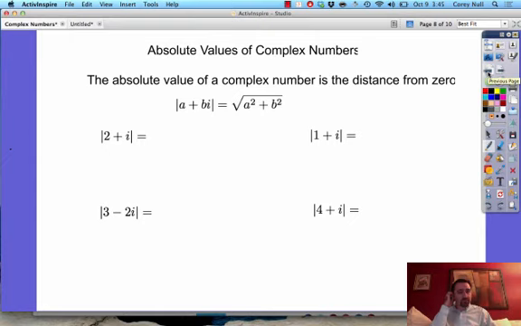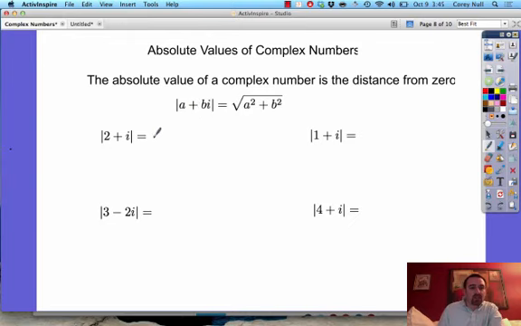We're almost done here. Now, just like regular numbers, real numbers have absolute values, so do complex numbers. So the absolute value of a complex number is defined this way. It's the distance formula, the distance from 0. And it's a nice, easy formula. So if I want to find the distance from 0, the absolute value of this complex number, I take the real part squared plus the imaginary part squared without the i, and square root it.